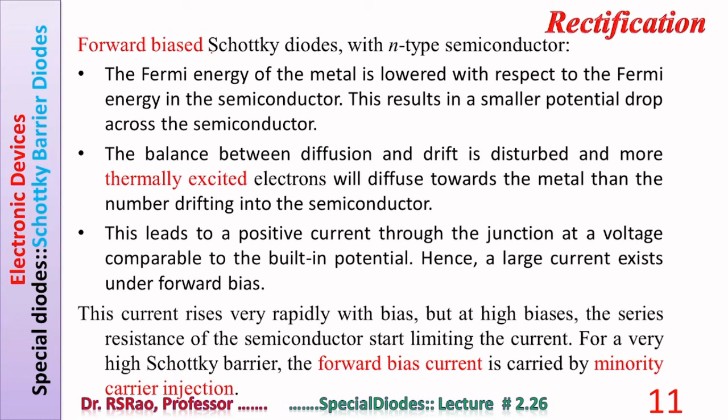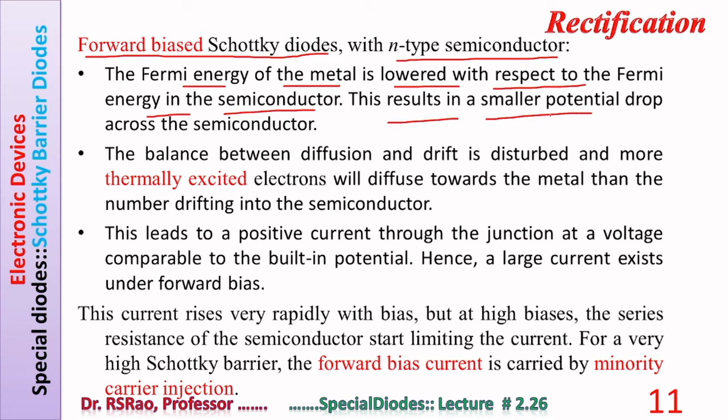Now, rectification properties of SBDs. Forward biased SBDs with n-type semiconductor. The Fermi energy of the metal is lowered with respect to the Fermi energy in the semiconductor. This results in a smaller potential drop across the semiconductor.